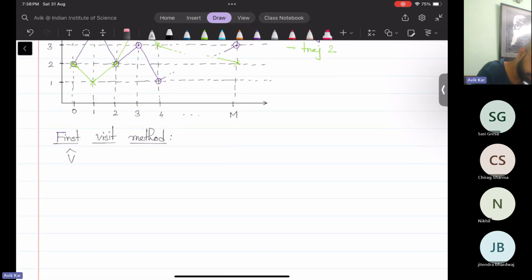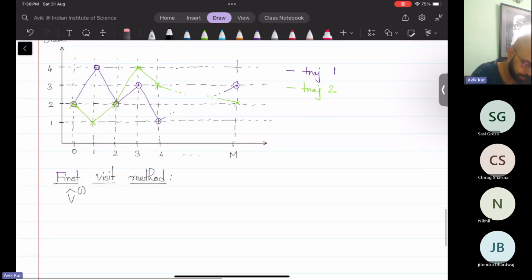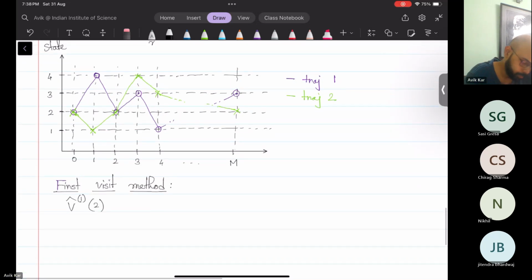The superscript will denote which trajectory it is, and then the state. I'll write V hat one at state two. First visit means we look at the first time the process has visited state two. That time is equal to 0, right?